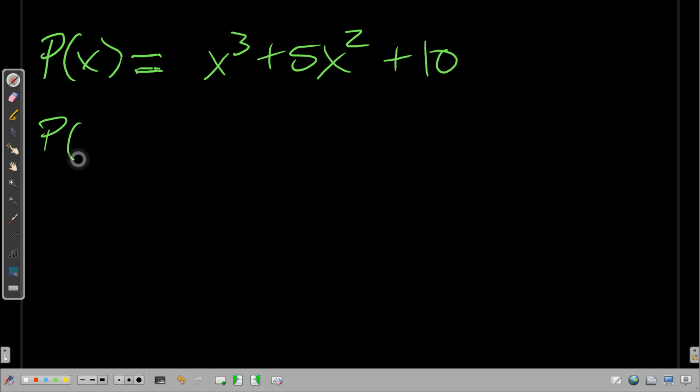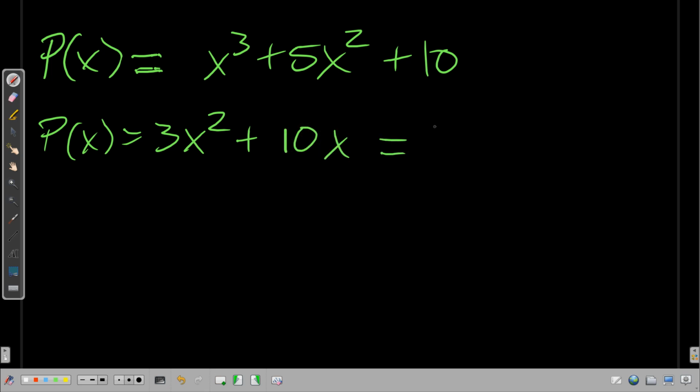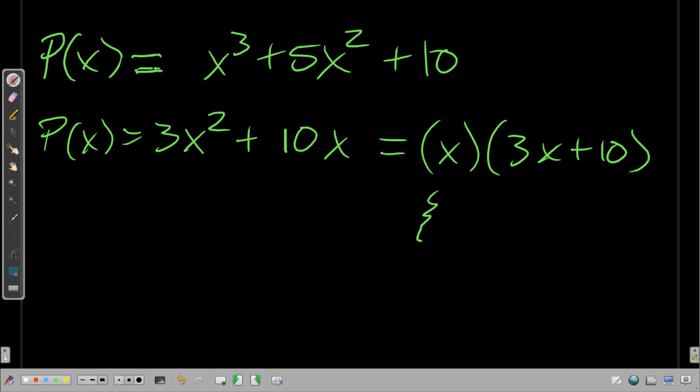All right, so P prime of x would be 3x squared plus 10x, which factors like this. So then my critical values are 0 and a negative 10/3.